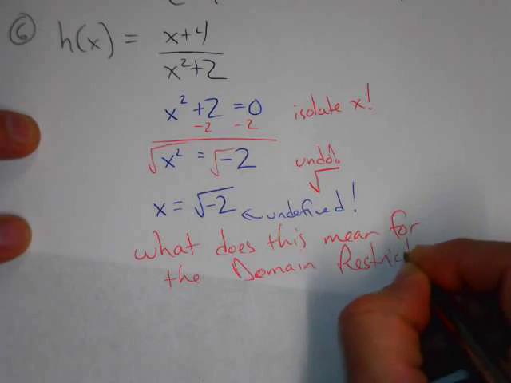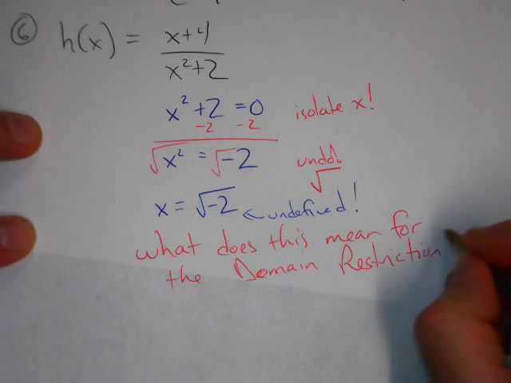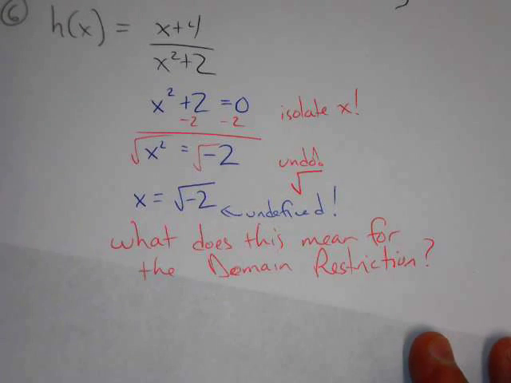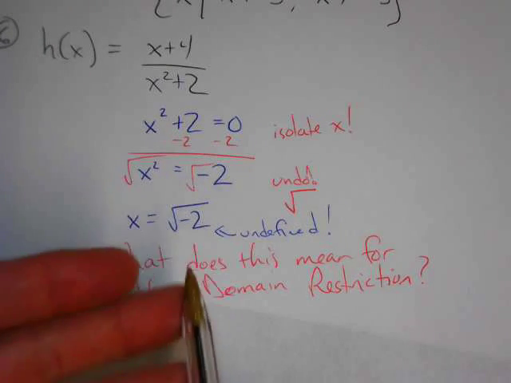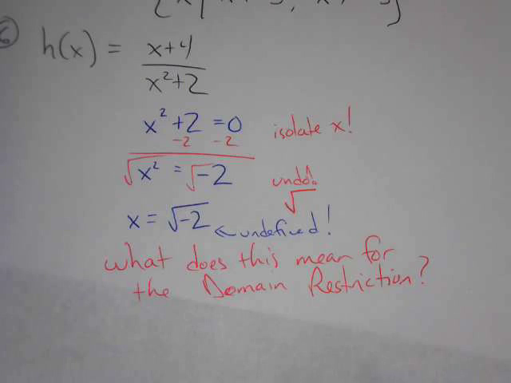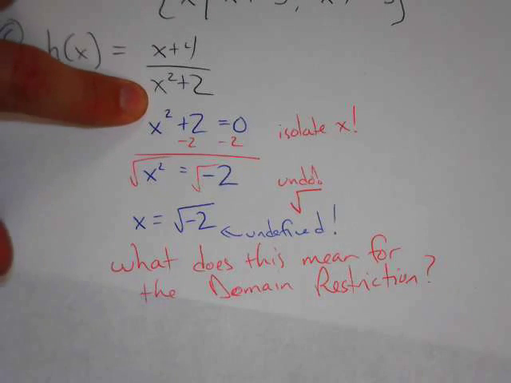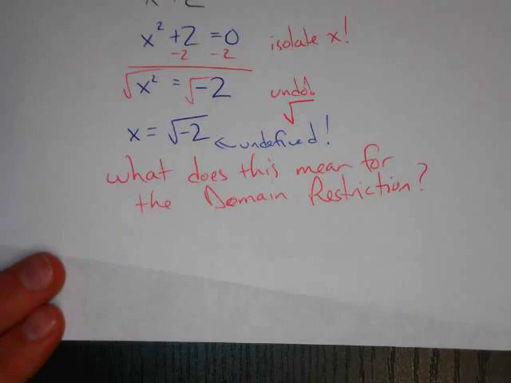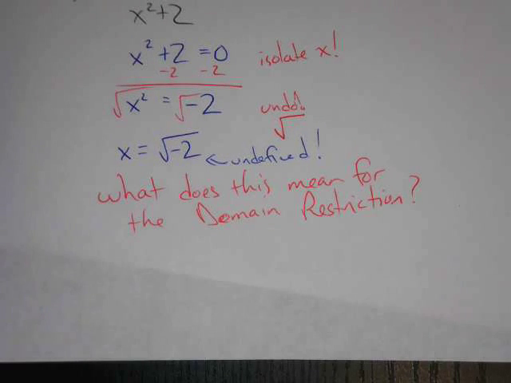What were we doing the entire time? We were trying to figure out what the domain restriction was. So if this little equation to figure out what x could possibly be to make it 0 is undefined, what does that mean? That means there are no domain restrictions. The domain can be any x it wants to be.